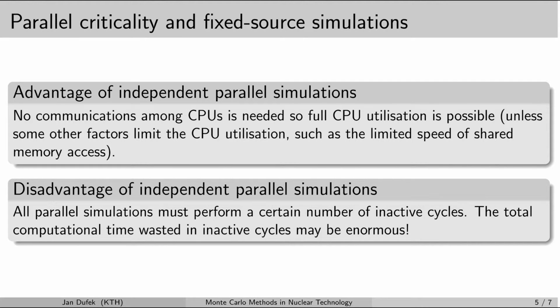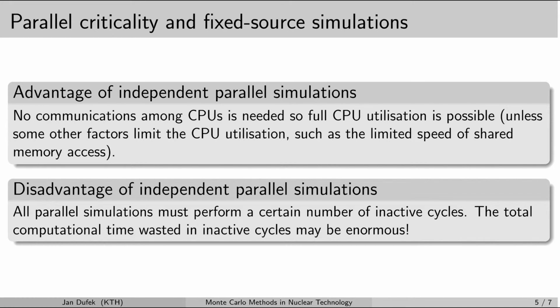Nevertheless, the disadvantage of this approach is that you need to converge the fission source independently on each of these parallel calculations. Now, every cycle in each of these simulations is computed by a single processor. So it's going to take a long time until you converge the fission source.